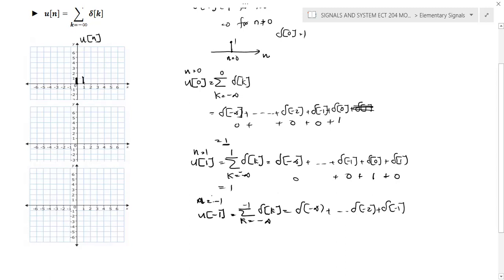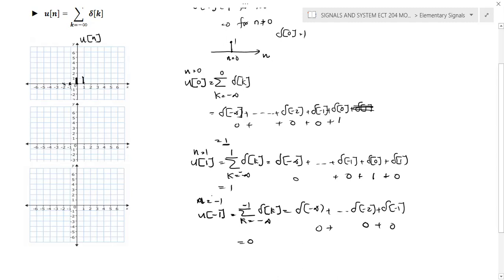If you observe, when n is equal to minus 1, there is no del of 0 term. Because del of minus 2 is 0, del of minus 1 is 0, and all other values are 0. Only del of 0 is 1. But in this particular expression, there is no del of 0, because the limit is ranging from minus infinity to minus 1. So the final answer will be 0. So here it is 0.